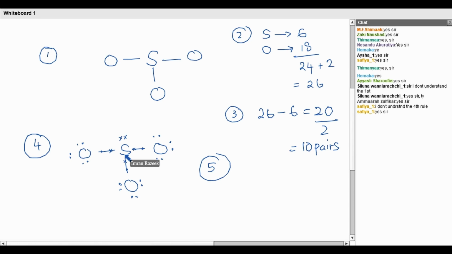How many crosses are there around sulfur? Only 5, right? 1, 2, 3, 4, 5. How many electrons should sulfur have on its valency outermost shell? Sulfur should have 6, being group 6. Then 1 electron is missing. In that case, we convert one of the lone pairs to form a double bond.